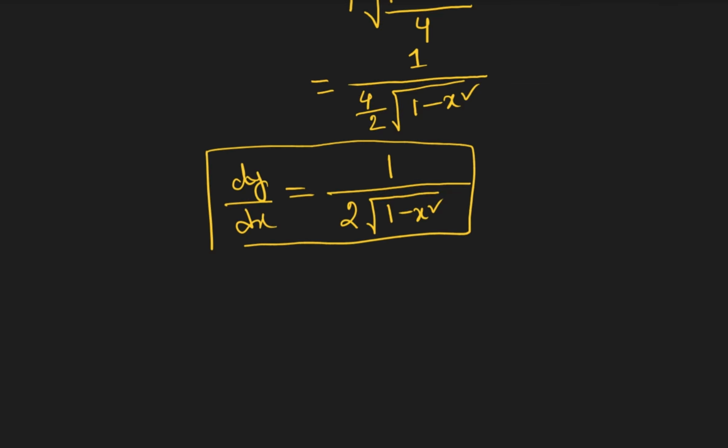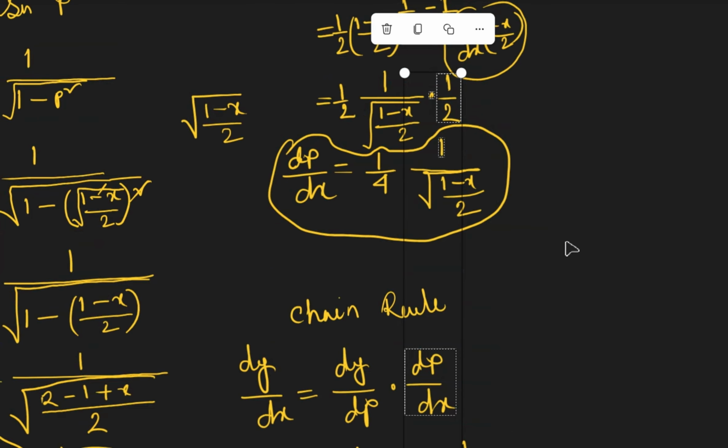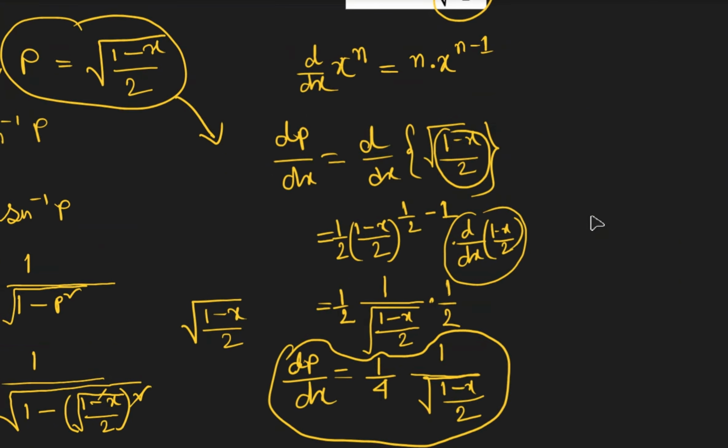Now let's cross check whether we have made any mistake or not. Start from here, because this is the complex part actually. dp by dx, so d over dx of square root of 1 minus x over 2.